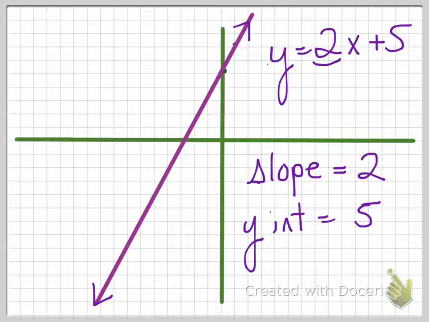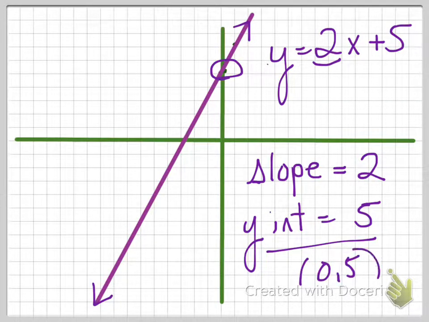So what do those things mean? Well, it means that my line will cross the y. That's what a y-intercept is. It's where the line hits the y-axis. And in this case, take a look at it. This line hit the y-axis right there. And if you count up, 1, 2, 3, 4, 5, it's hitting at the 5 on the y, otherwise known as the (0, 5) ordered pair.